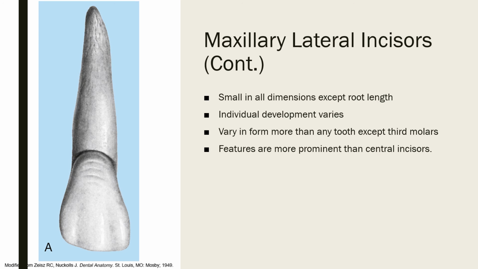The features are much more prominent than the central incisors, and you're going to see, even right here, the mesial aspect, this is going to be our mesial, it's not quite at 90 degrees, it's a little rounded, but then see how much more this distal aspect is sloping.